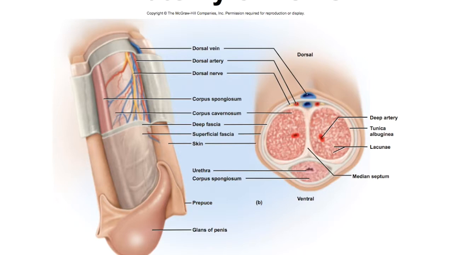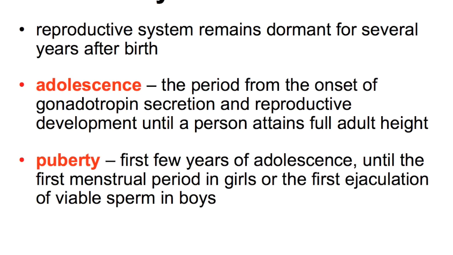Then you have the tunica albuginea encasing both of them, and in the center you have the deep arteries. Those are the major structures in the penis. On the left side you can see where the glans penis is. Like I said, a lot of people refer to it as the head of the penis. Technically it's considered the glans penis.